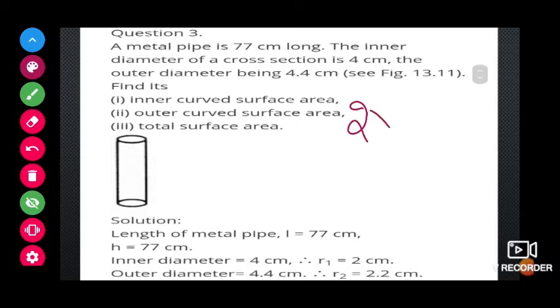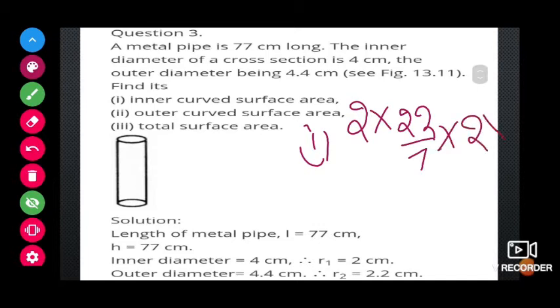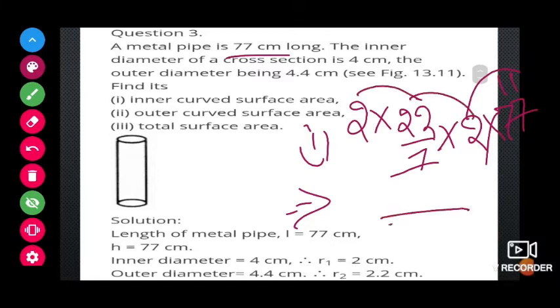So 2 into pi, which is 22 by 7, into the radius 2, into the height 77. Now 7 ones are 7, 7 elevens are 77. If we multiply 22 into 2 into 22 we will get the answer.